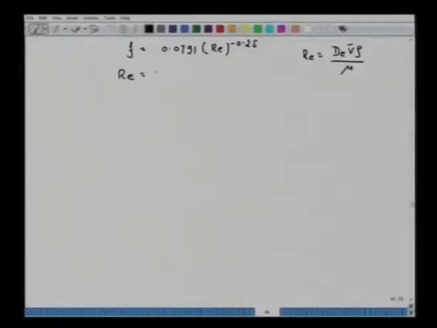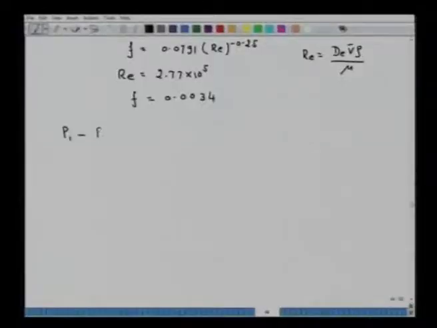So Reynolds number will come out to be equal to 2.77 into 10 to the power 5, and if I substitute, then I get F is equal to 0.0034. Since all the values are known to me, now I have to substitute all the values into the equation P1 minus P2 upon rho, that is equal to EF.